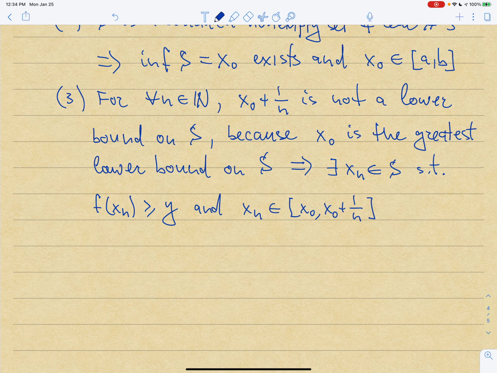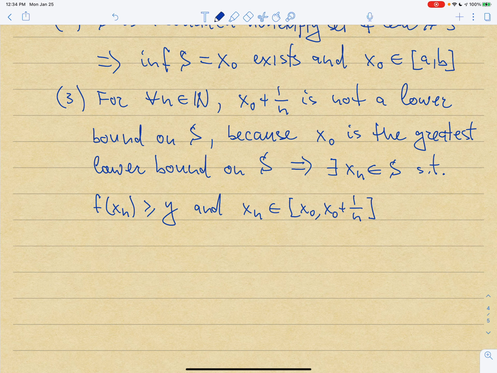That is again because x0 is the infimum, and so if we increase the infimum of S by some small amount, then between the infimum and this increased number, we should be able to find an element of the set.